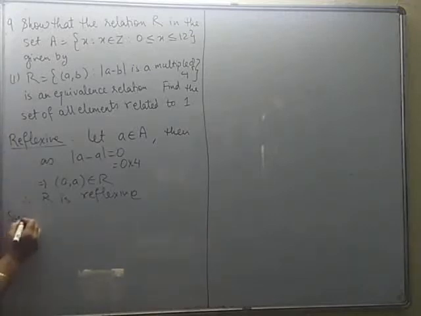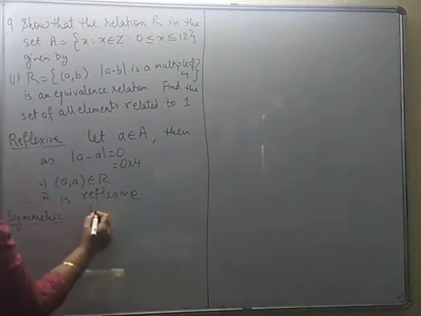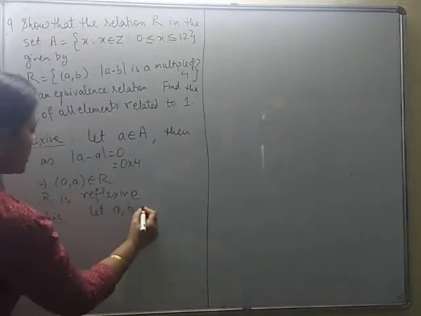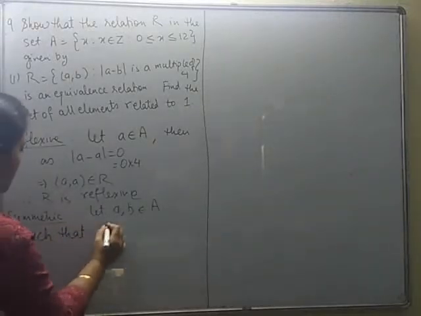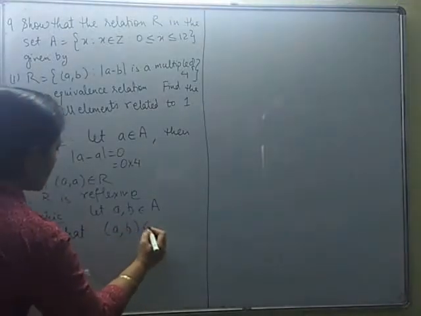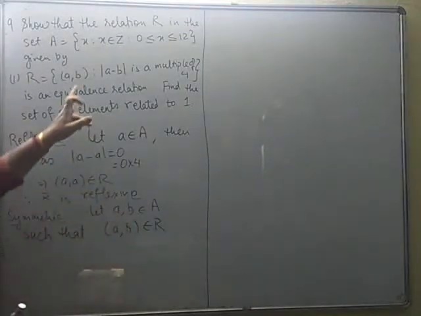Checking whether it is symmetric or not, I will take two elements from the set A. Say a and b are denoting two elements of capital A, that means they are denoting the integers from 1 to 12, such that the pair (a, b) belongs to R. So we know this pair is already satisfying the given relation: a satisfies the given relation with b.